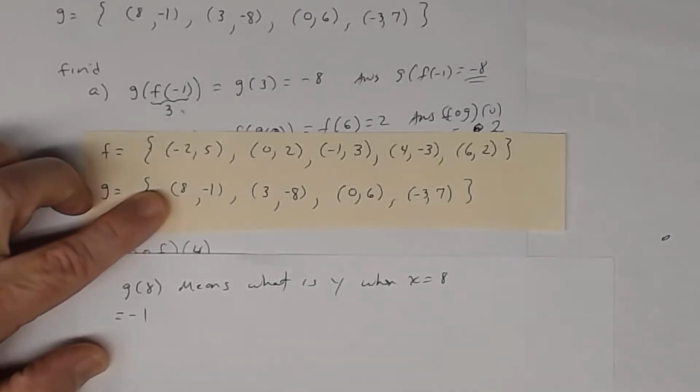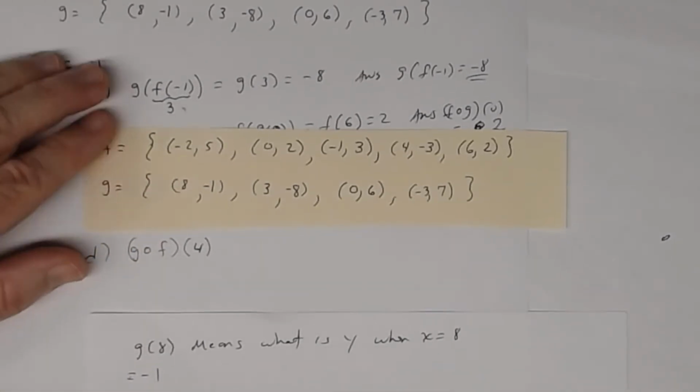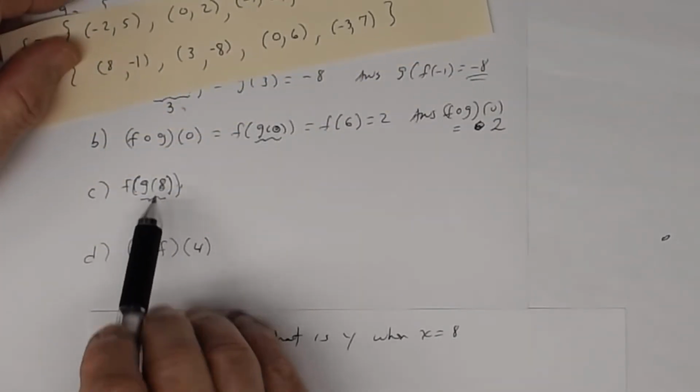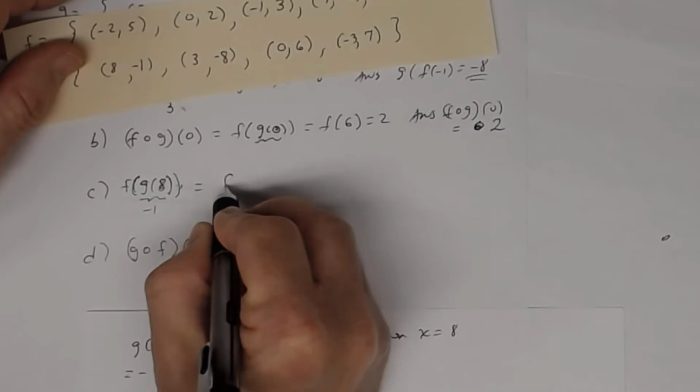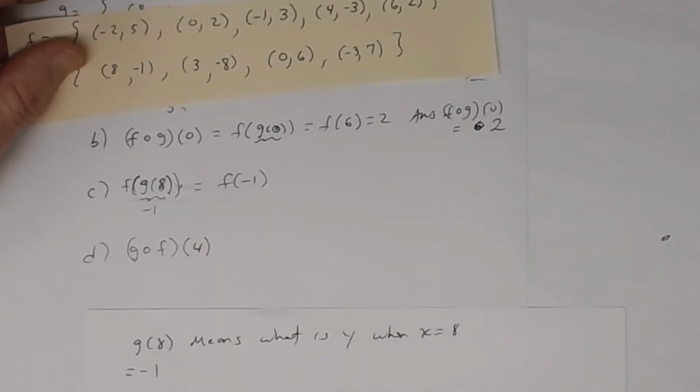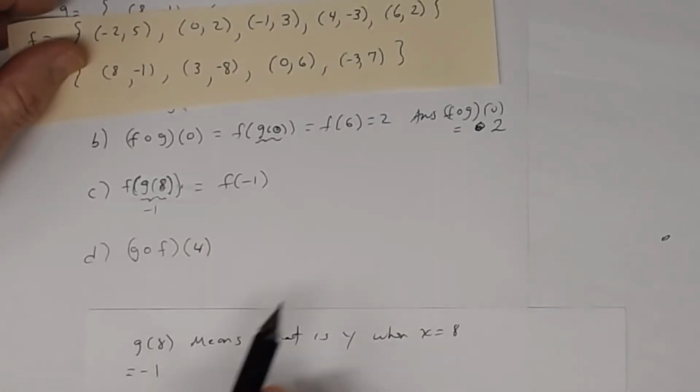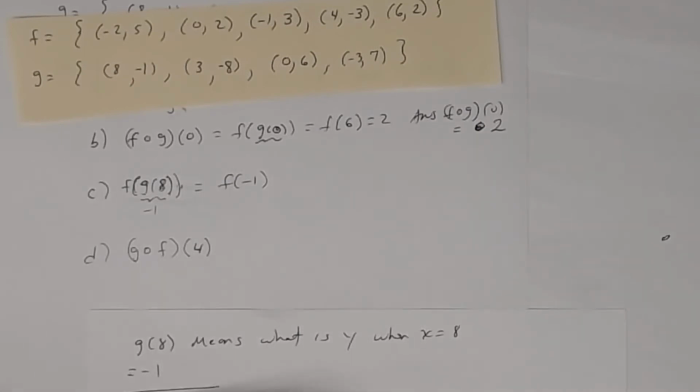So that becomes negative 1 right here. Y'all agree? G of 8 is negative 1. So now this is going to equal f of negative 1. So now let's talk about what f of negative 1 equals.